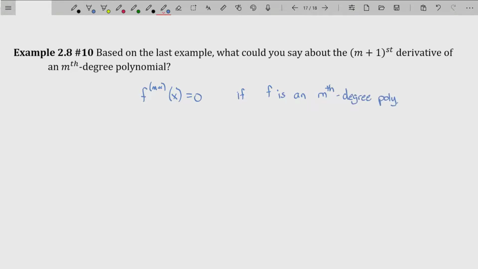If you took m derivatives of it, you would end up with a constant, and then the derivative of that constant would be 0. So that's based on our last example. It's not a proof, but it's based on the last example.